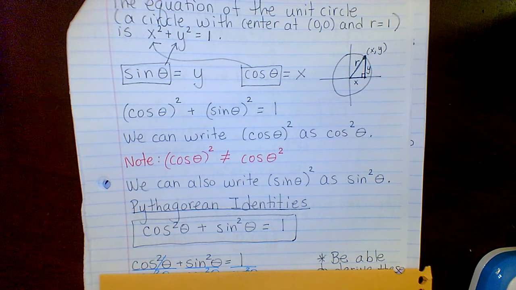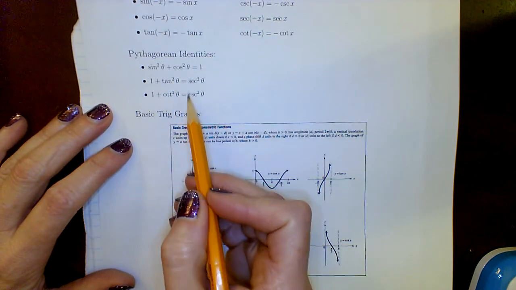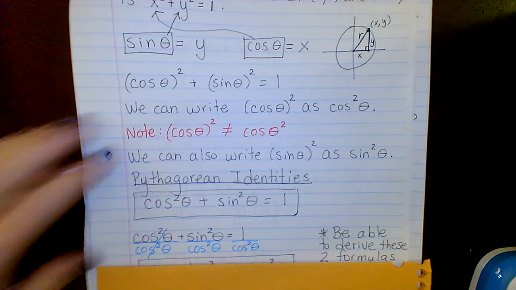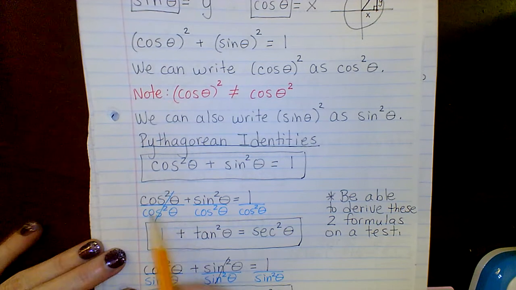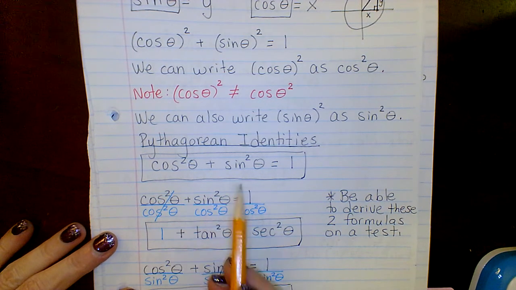Now, there's actually 3 Pythagorean identities. There's this one, and then there's 2 other versions of these. This is on your formula sheet. These other 2 versions just come from a little algebraic manipulation. If we take the Pythagorean identity of cosine squared plus sine squared equals 1, you can write cosine squared or sine squared first.